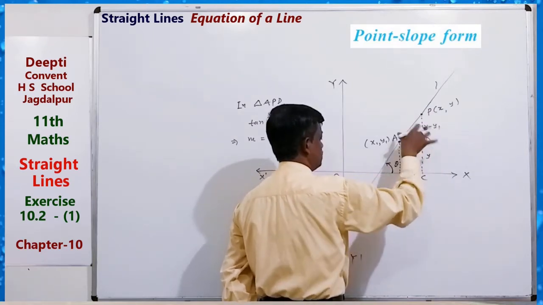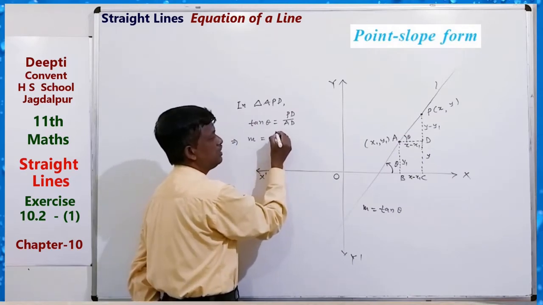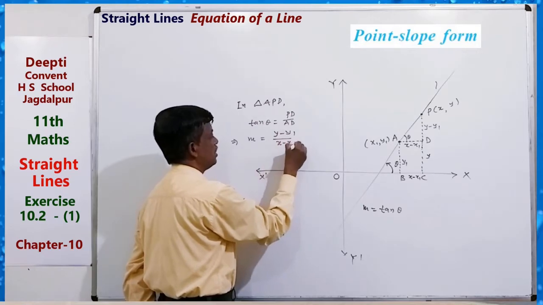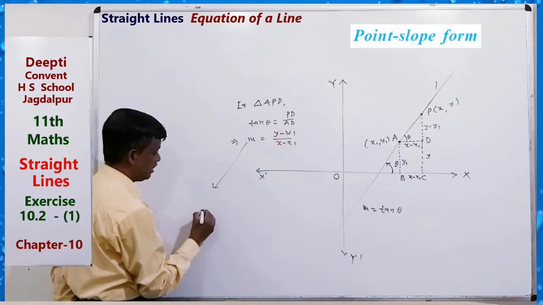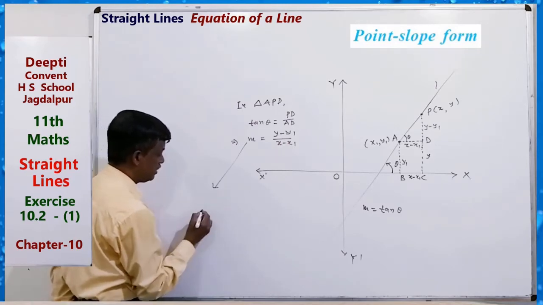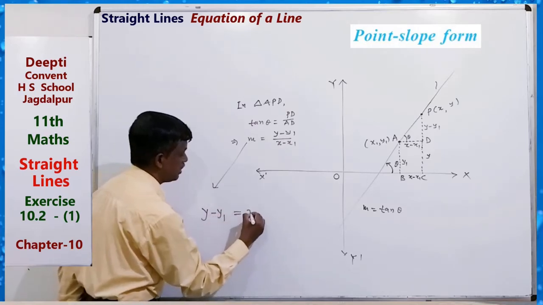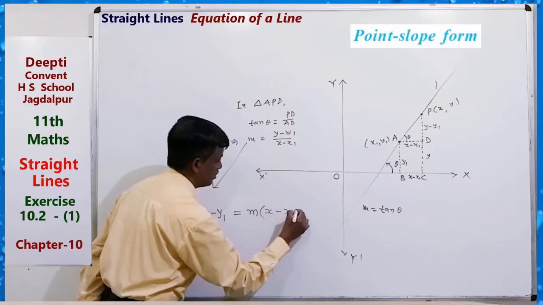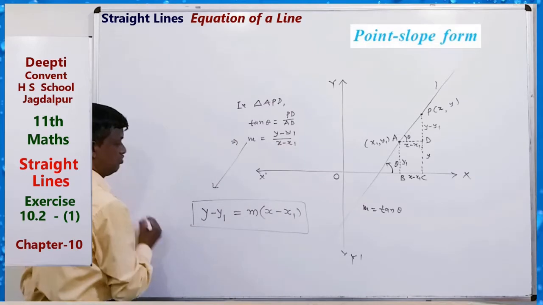And this value is x minus x1. So PD upon AD is y minus y1 upon x minus x1. From here we can write y minus y1 equals m times x minus x1. So this is our point slope form.